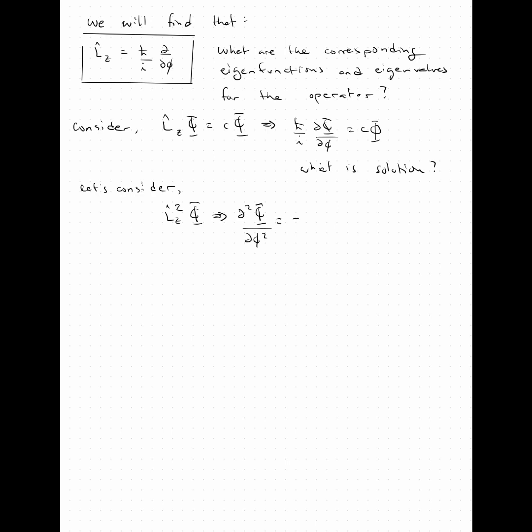That's d squared phi equals minus m squared phi, which yields solutions we mentioned, it's e to the i something, and the coefficient is going to be m, and the variable is phi. Therefore, our operator eigenvalue relationship becomes this: Lz squared phi is equal to m squared h bar squared phi.